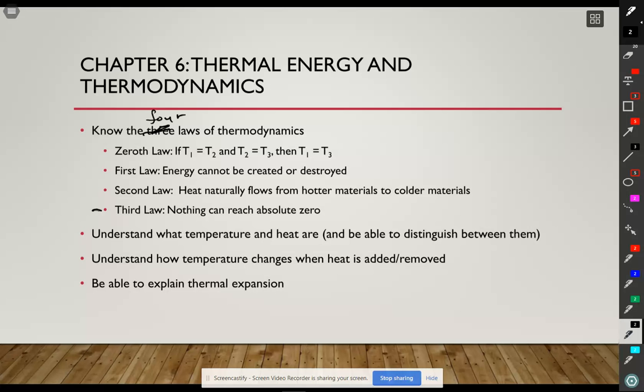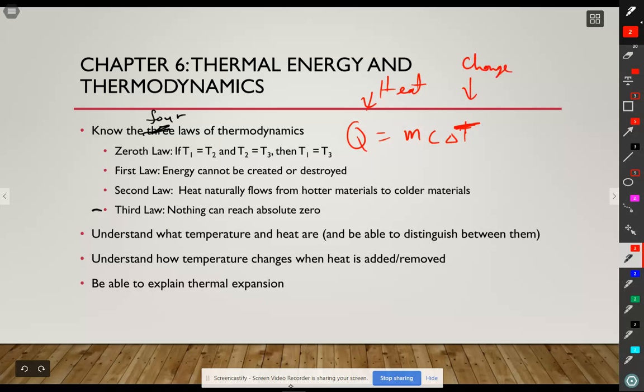So typically, if you add heat, which has a symbol of Q, remember, this triangle is the Greek capital delta, and it means change, and it means final minus initial. So the heat results in a change in temperature, almost always.